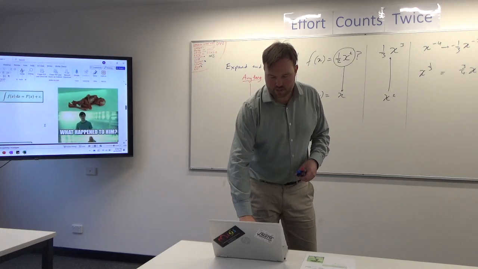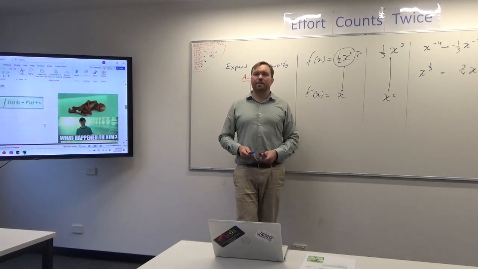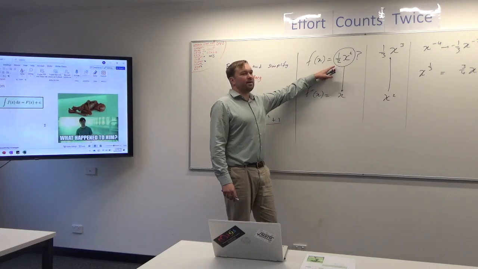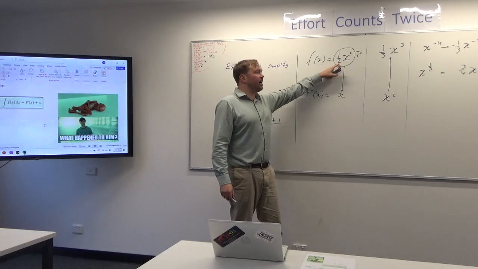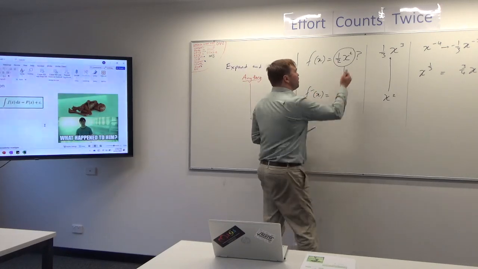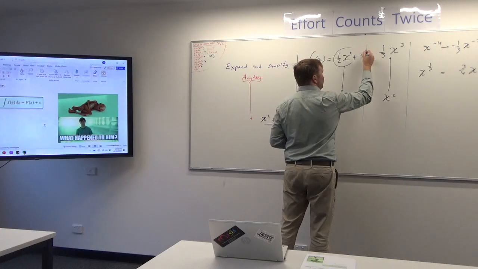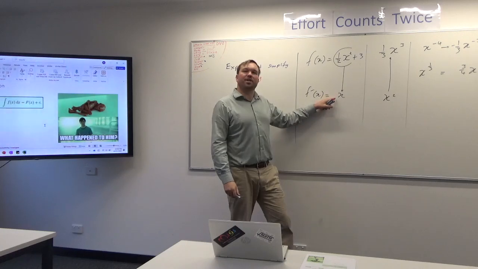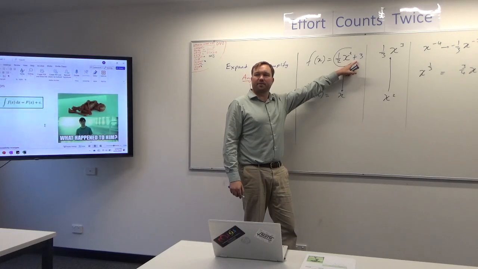Alright, integration. There's something we probably haven't thought of. Remember here how I said x will have come from a half x squared? What if the original function was a half x squared plus 3? That would still differentiate to x because the 3 differentiates to 0.